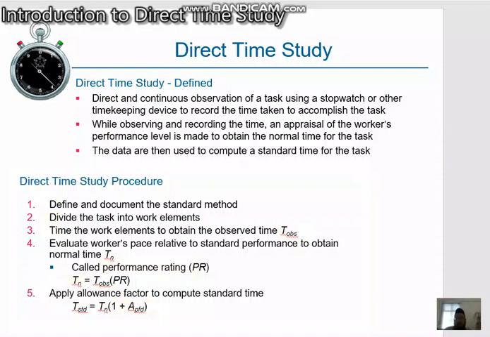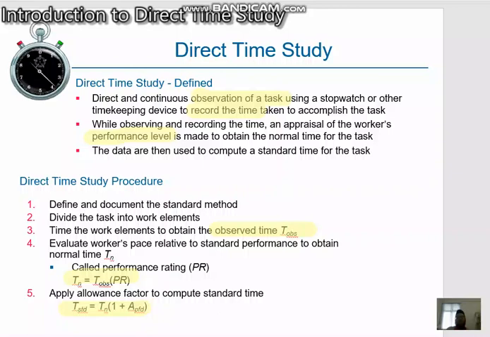In conclusion, direct time study is an observation of a task in which the time is recorded using any suitable device. At the same time, we determine the performance level of the workers. So from the observed time, we determine the normal time, and next we determine the allowance so that we can get the standard time.